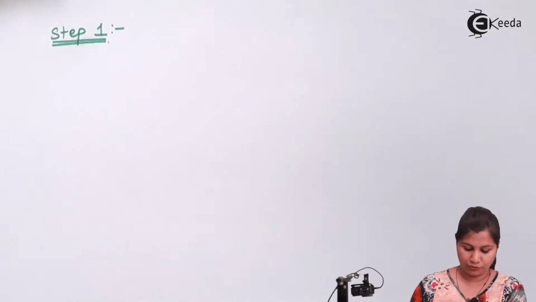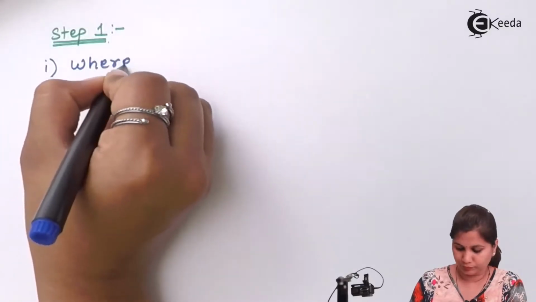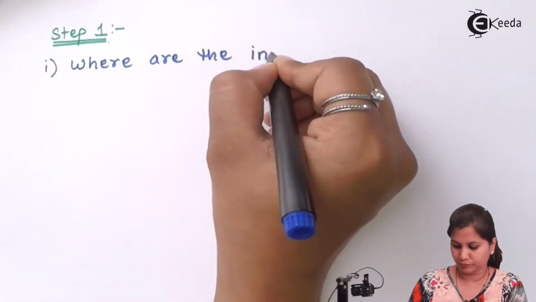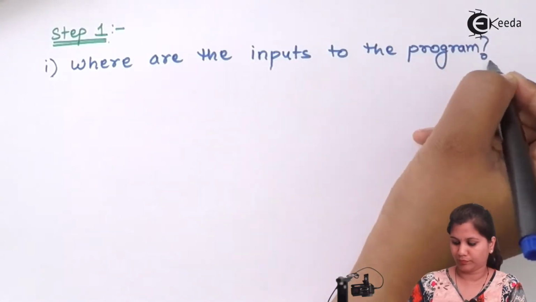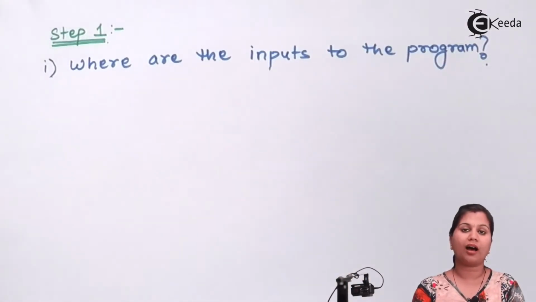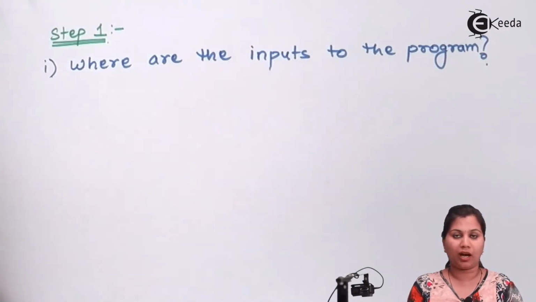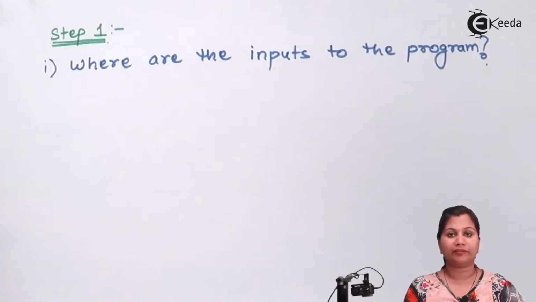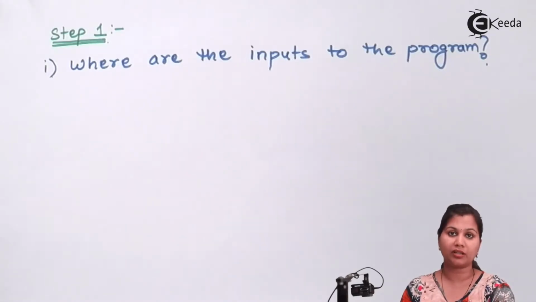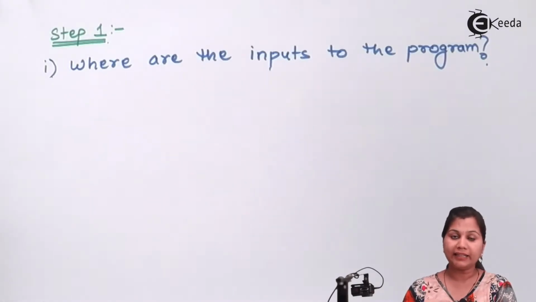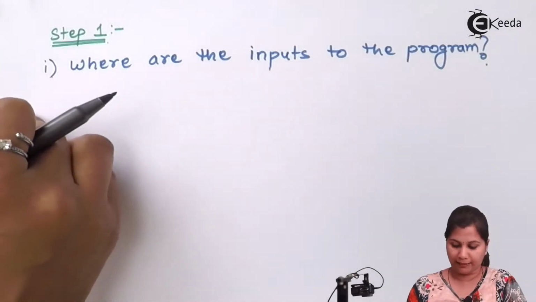Okay, so first thing is that where are the inputs of the program, whether the data which we are using in the program is stored in the memory or it is available in a register, or it is directly available in the program. So that is to be decided in this step.